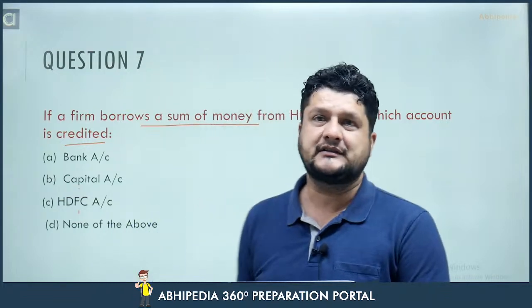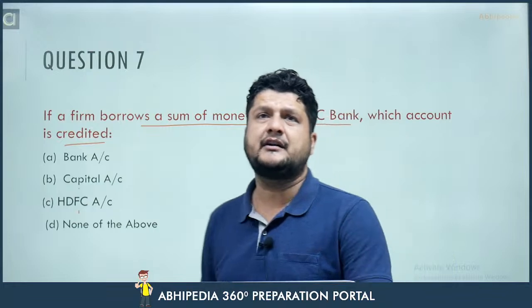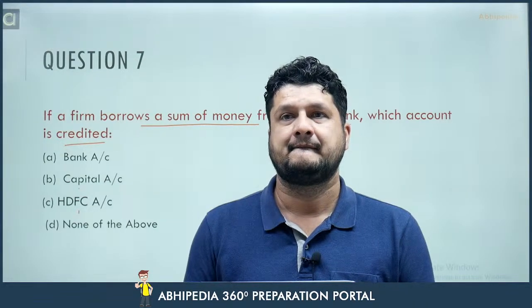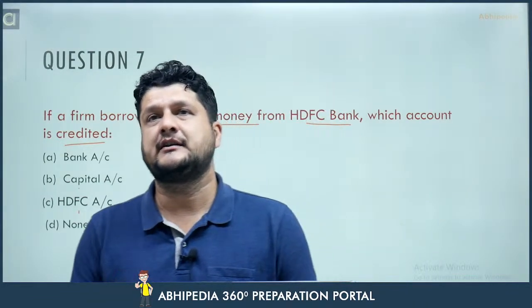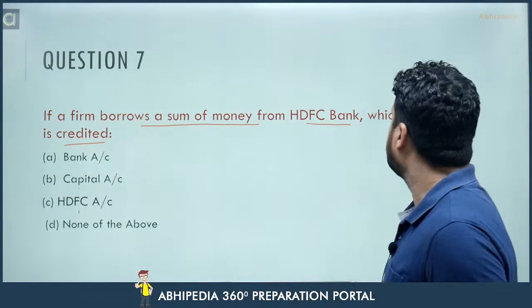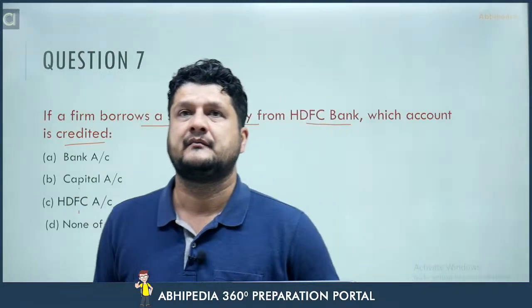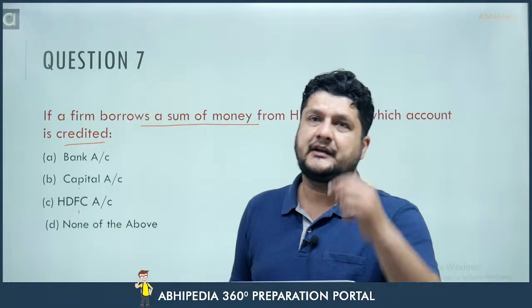I have got my first answer. Okay. Others also give it a try. Come on everyone, give it a try. Let's see, then I will give you the explanation for that: which account will be credited and why. Give it a try everyone, come on.